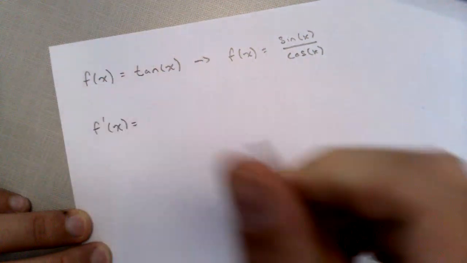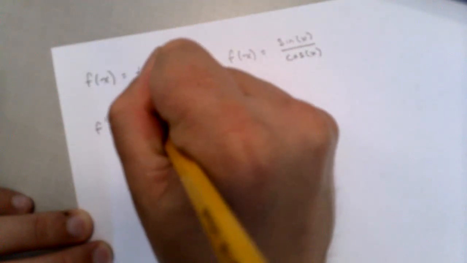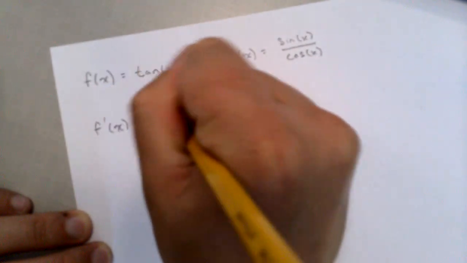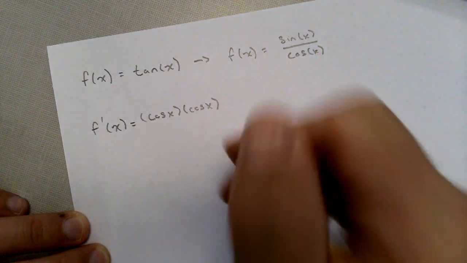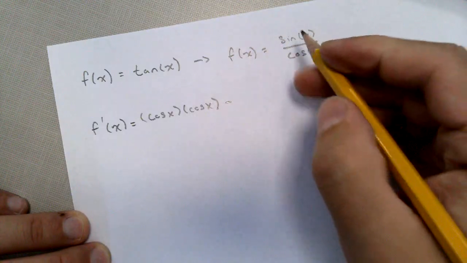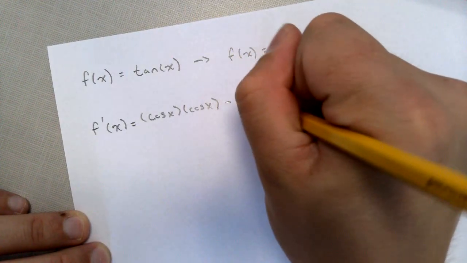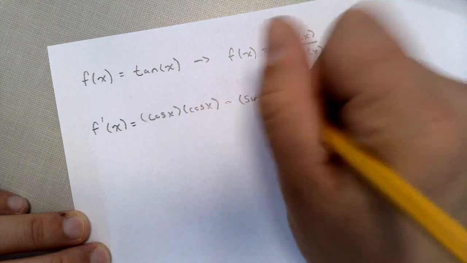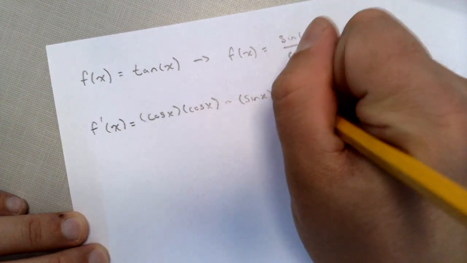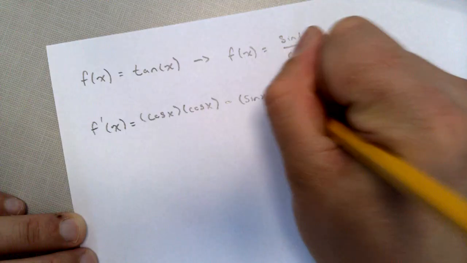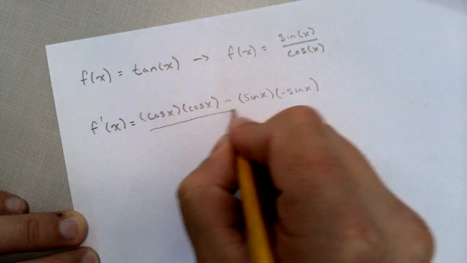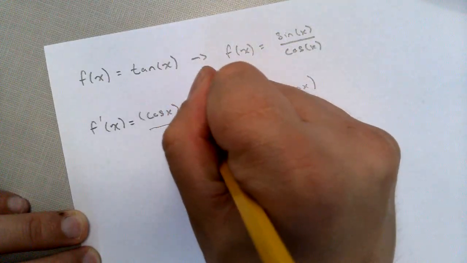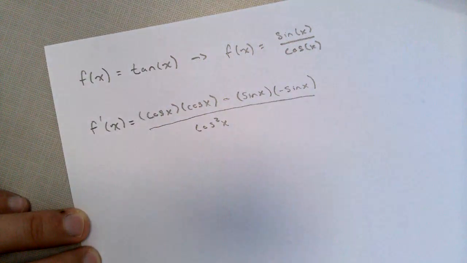So f prime of x equals low d high, so the derivative of sine is cosine, so cosine x times cosine x, minus high, so sine x, d low, which is cosine x. Derivative of cosine x is negative sine x, all over low, which is going to be cosine squared of x.